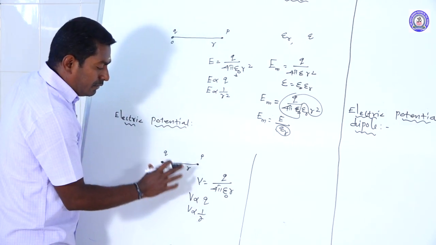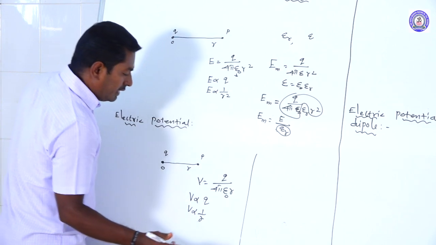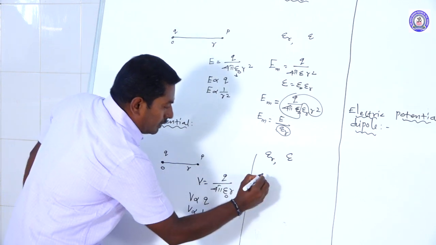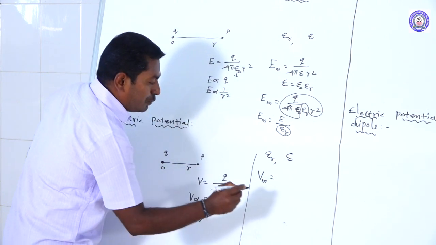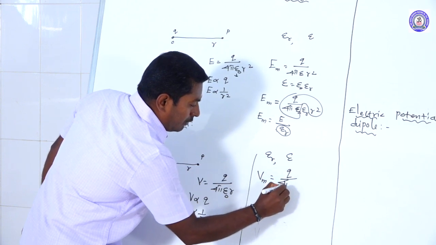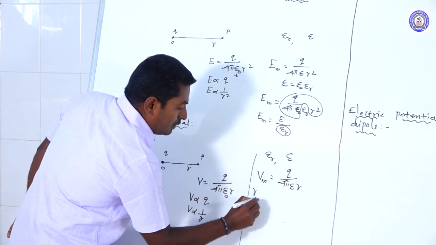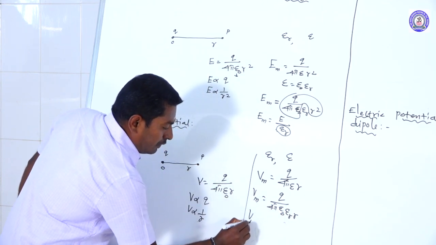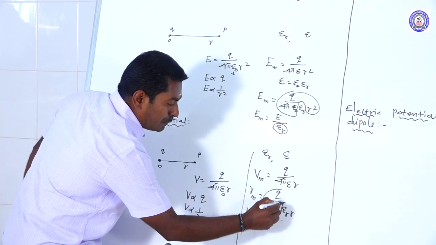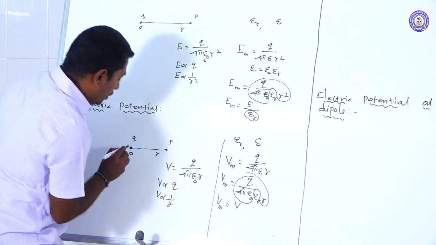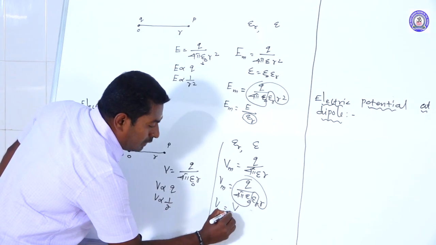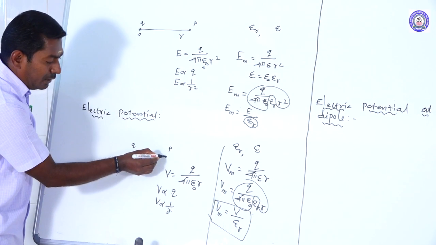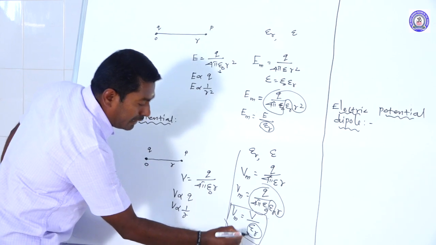So if the entire system, without being disturbed, is placed within a medium of relative permittivity epsilon r and permittivity epsilon, then it produces electric potential at this point Vm equal to Q divided by 4 pi epsilon naught epsilon r R. So Vm is the electric potential produced by the point charge at this point in the medium, which is V divided by epsilon r. So inside the medium, this point charge produces electric potential that decreases epsilon r times.